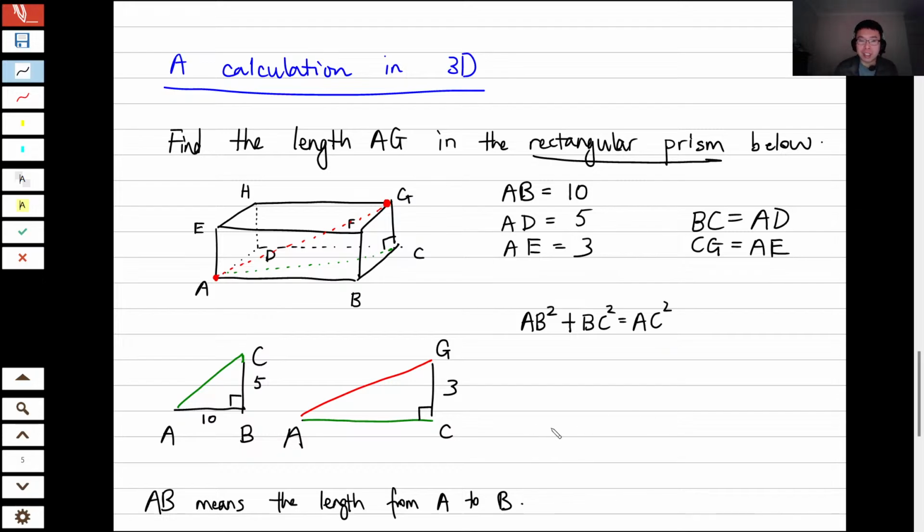And then in the second triangle, I can say AC squared plus CG squared equals AG squared.